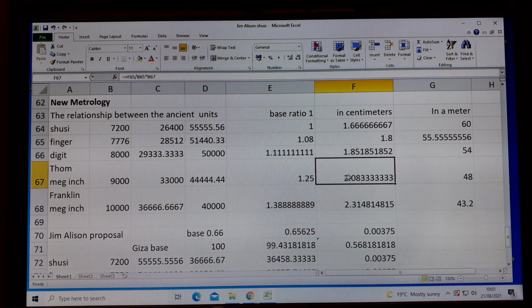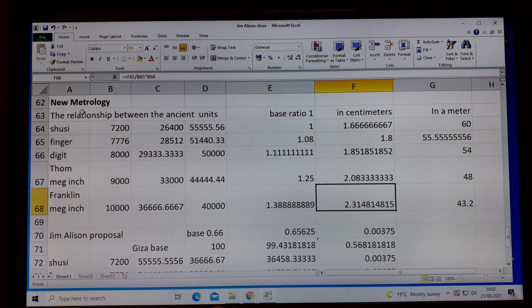In the Thom megalithic inch there are 2.0833 centimetres, and I found that in my work on Thom's book, and that is the base 100 cubit, if you multiply it by 10. And then this is a bit of a strange number for Franklin's megalithic inch, but it's just that times 10 over 9.